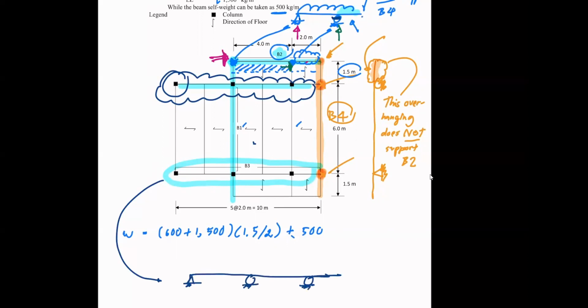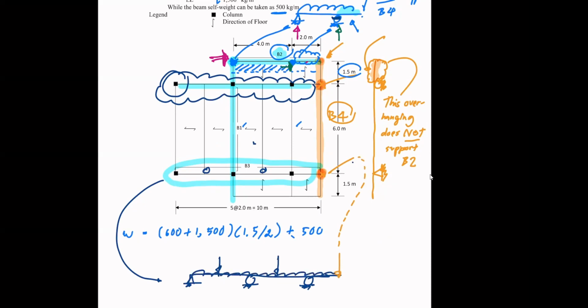Your B3 would look like this, with the point loads coming in from this and from that, and then you have the reaction from B4, like that. And then you have the self weight of the beam throughout the length.